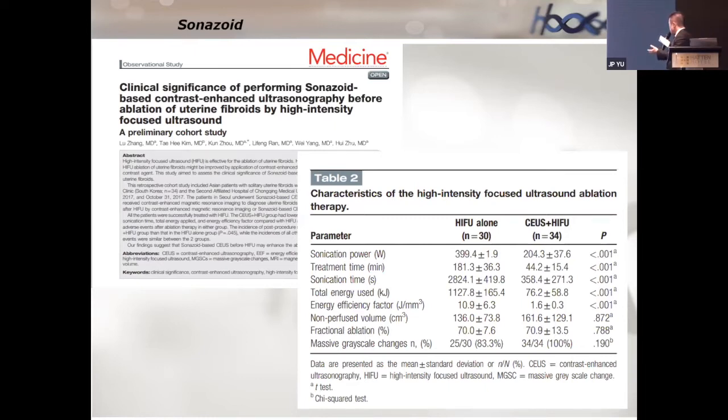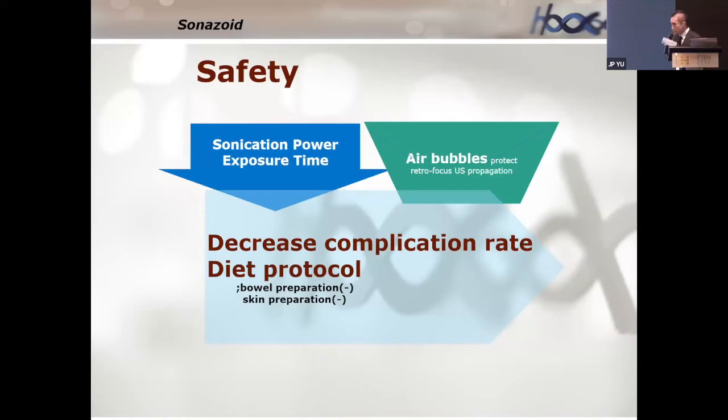And we can always see the massive grayscale change. Sometimes we cannot see massive grayscale change, but when we use Sonazoid, we always can see it. So we can reduce the sonication time and sonication power, which means we can treat more safely.